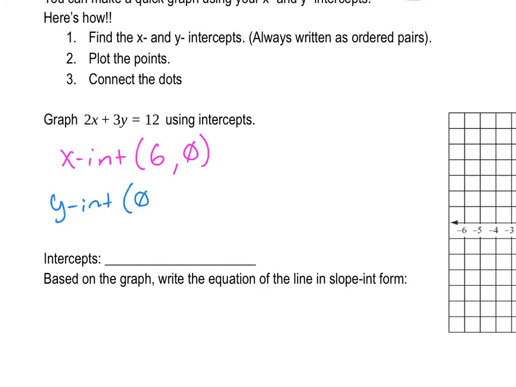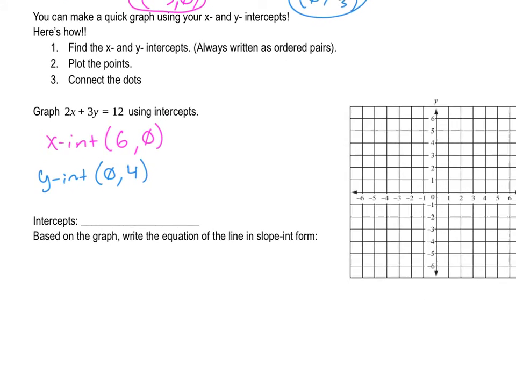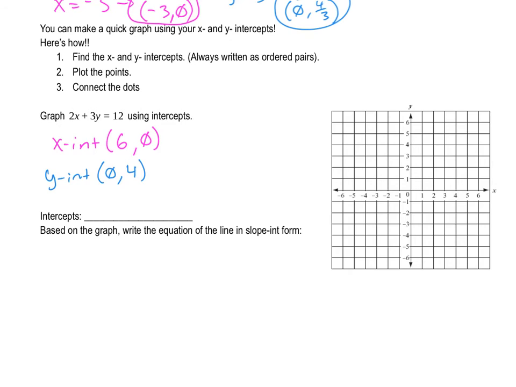we know 0 is for the x, so again, cover up the x now and solve that equation. What do you get? 4. So (0, 4) is the y-intercept. That's so fast, now we can graph those points. Let me zoom out. So I'm going to plot (6, 0) and (0, 4).